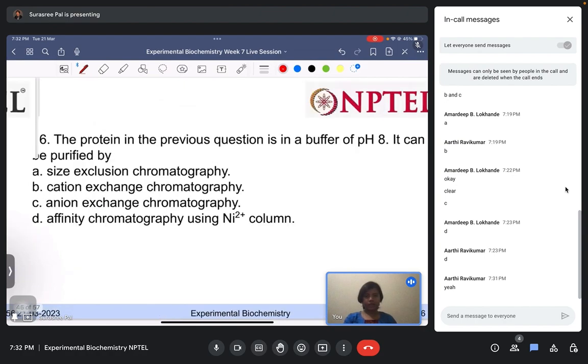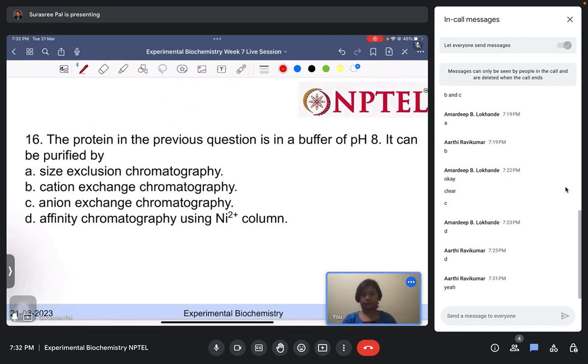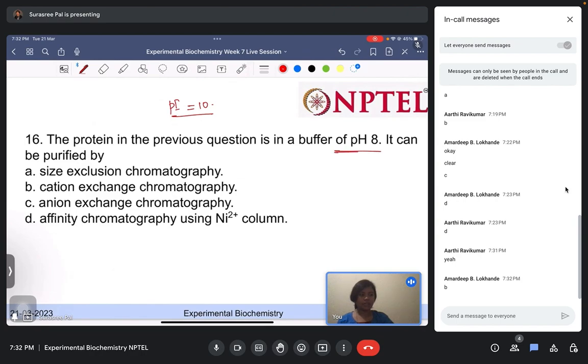Now I'm going to the next question. Now it talks about the protein in the previous question. So the pI of the previous protein was 10. Now it is given in a buffer of pH 8. Now how can the protein be purified? Which method should be used?